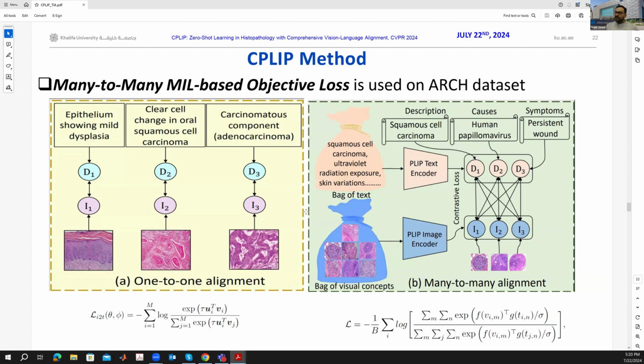We start the fine-tuning of our algorithm using the baseline dataset known as ARC, which is one of the similar works from the tissue image analytics lab. On top of that, we generated the textual description as well as the visual description from the ARC dataset. So altogether, we pre-train our model on almost 200,000 images with varying textual descriptions.